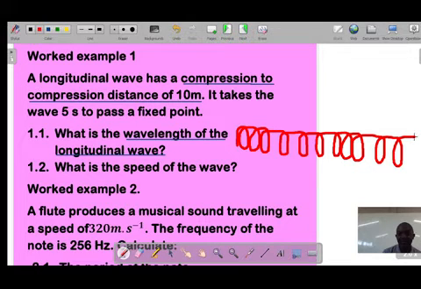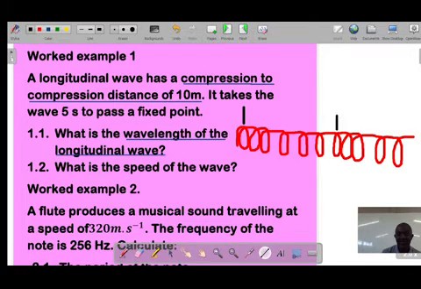Okay, let us now analyze the situation. They say compression to compression, so I can take the start of this compression here, and another compression which also starts from here.